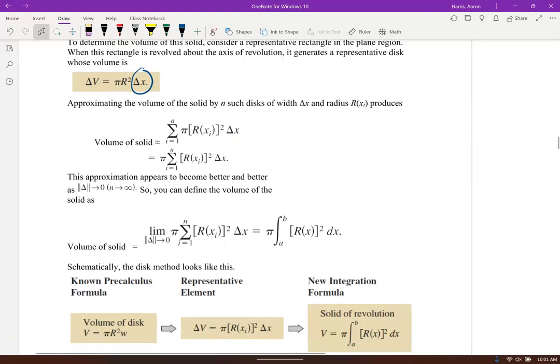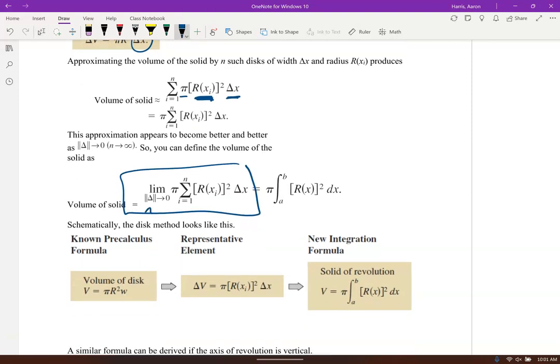So we're taking pi radius of the disk times the width of the disk. We're summing them all up with the limiting process right here, right? So the limit as n goes to infinity, or as the width of the disk goes to 0 again, right? And that'll give us the formula that we want.